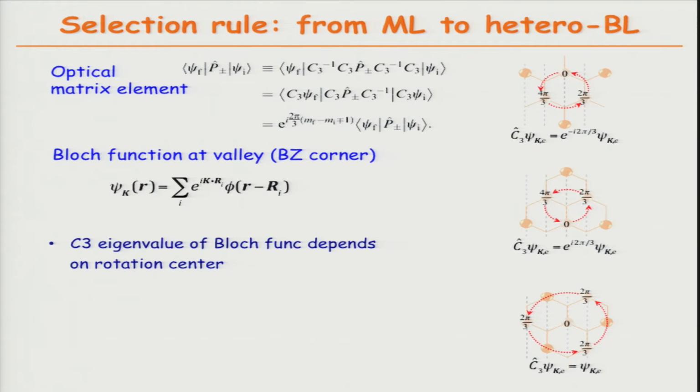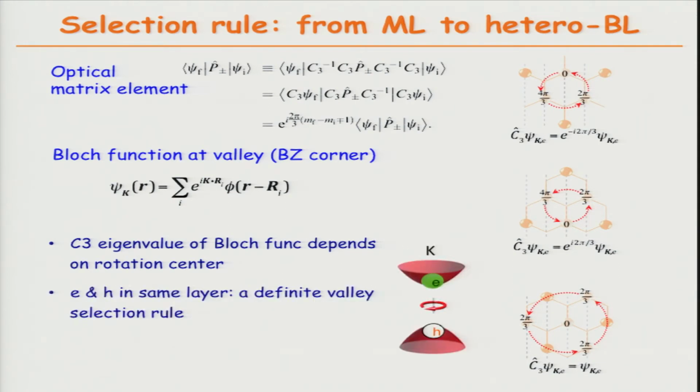But if you choose a different rotation center, it's like an angular momentum state of the opposite angular quantum number. And if you choose the rotation center in a third way, then you have no phase winding at all. So this factor depends on the choice of rotation center.